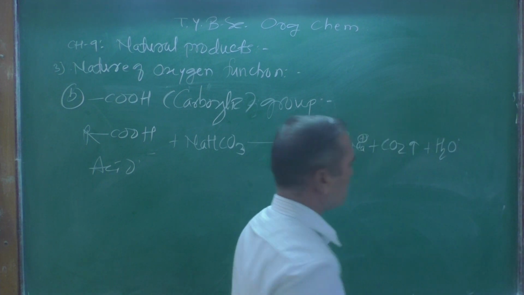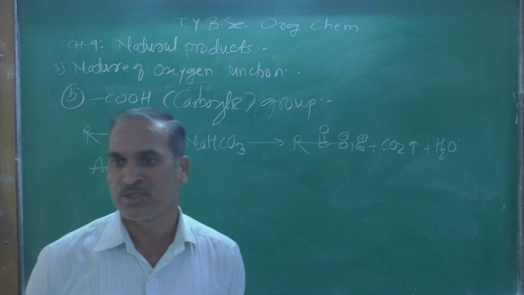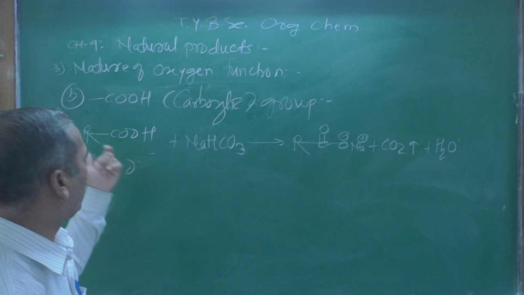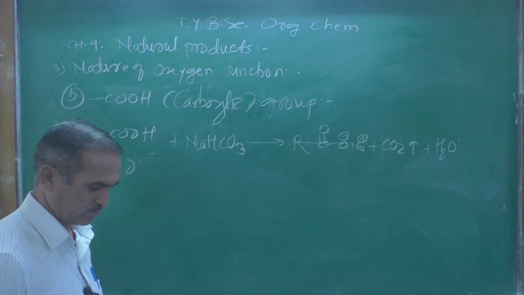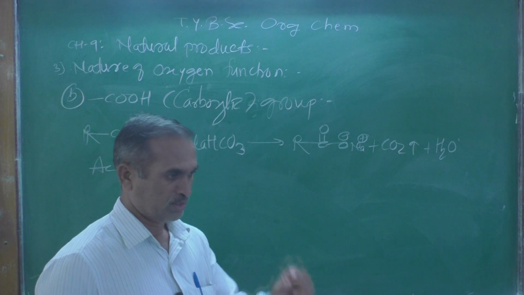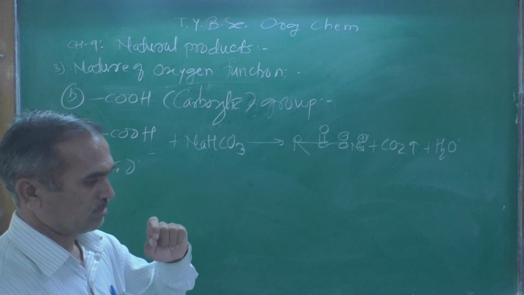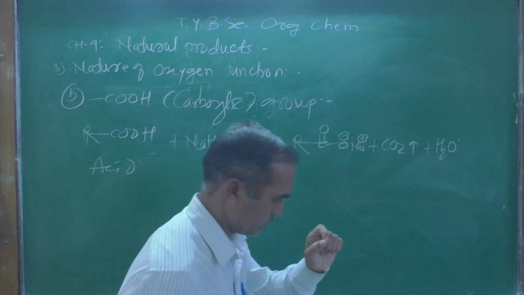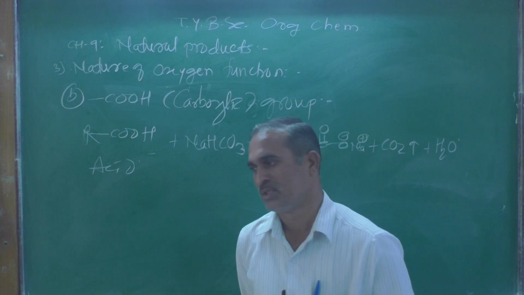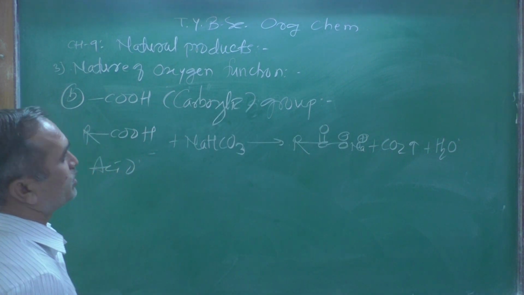This is the reaction that takes place when adding sodium bicarbonate to an acid. So when bubbles come out from the test tube, you come to know there is a possibility of one carboxylic group in the unknown compound.